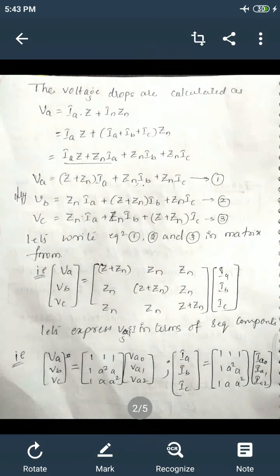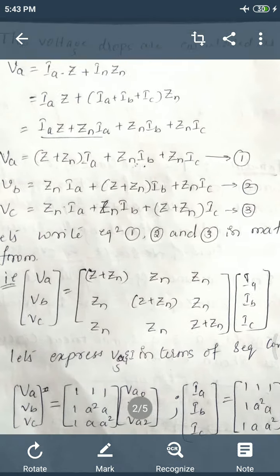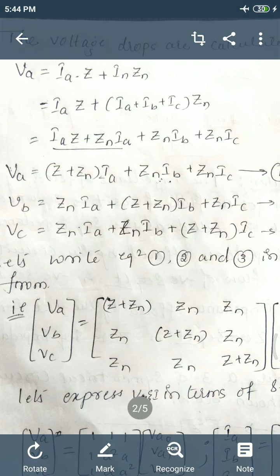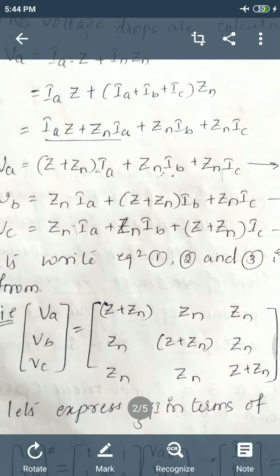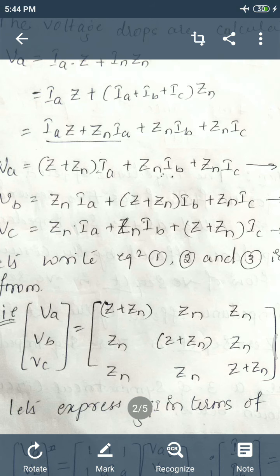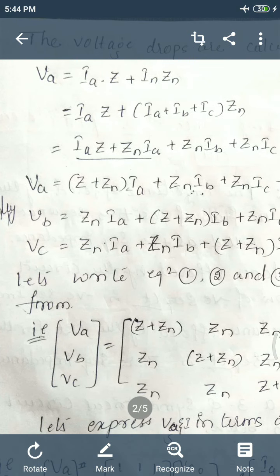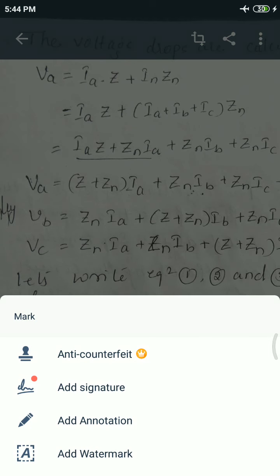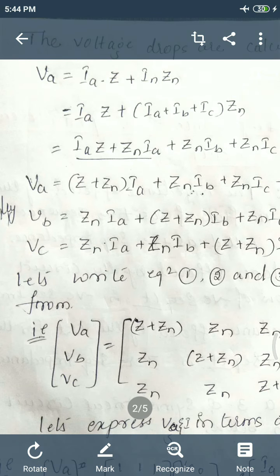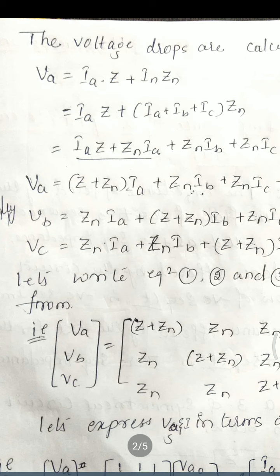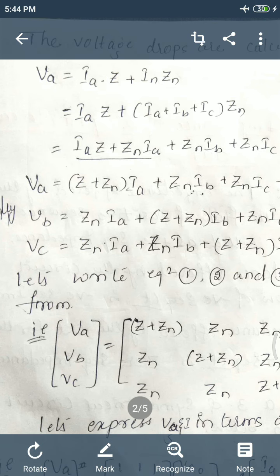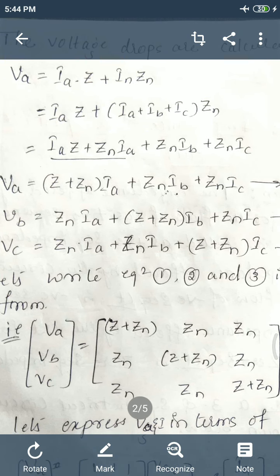Next, substitute IN as IA plus IB plus IC and expand the equation: IA Z plus Zn IA plus Zn IB plus Zn IC.